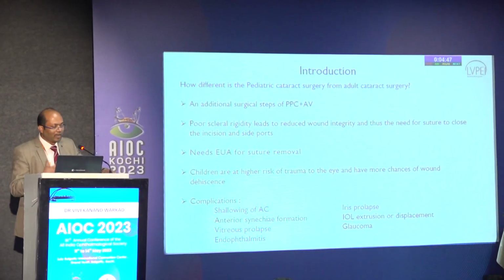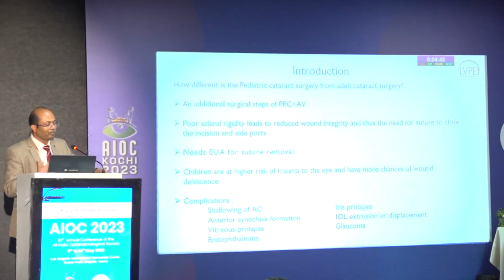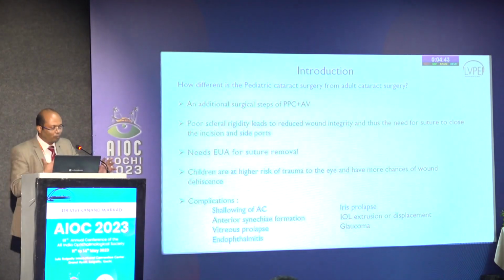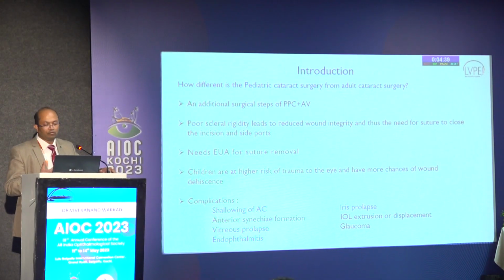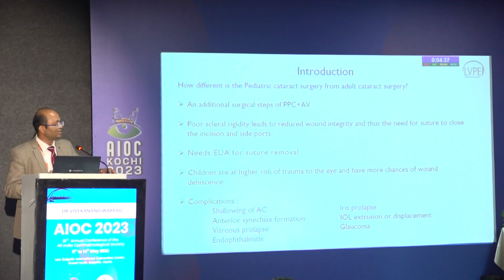We need to add surgical steps like PPC plus AV. The poor scleral rigidity leads to reduced wound integrity, and thus the need for suture to close the incisions and side ports. It needs examination under anesthesia for suture removal. Children are at high risk of trauma to the eye and have more chances of wound lesions, and thereby these n number of complications.